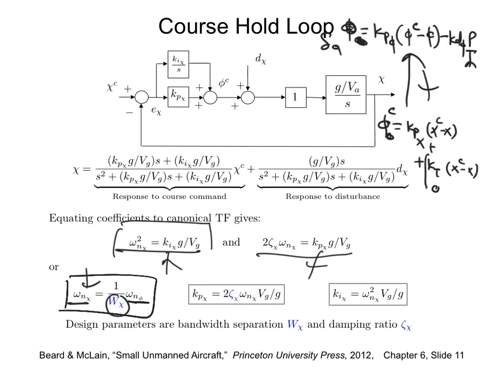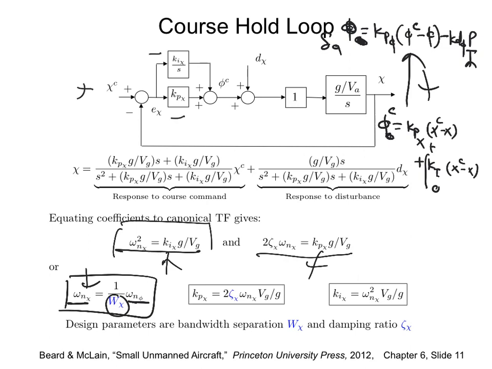This is the course loop, and the input is the commanded course angle, right? We are using a PI controller here.